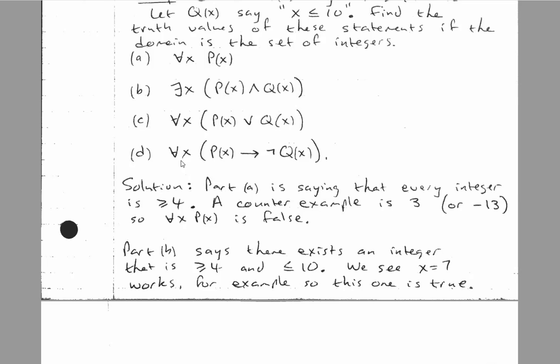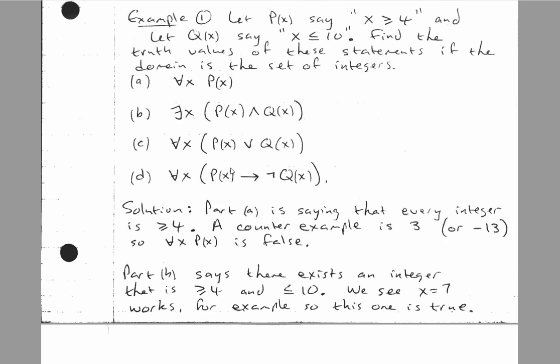And last one, for all integers, p of x implies not q of x. So if the integer is greater than or equal to 4, that implies it is not less than or equal to 10.